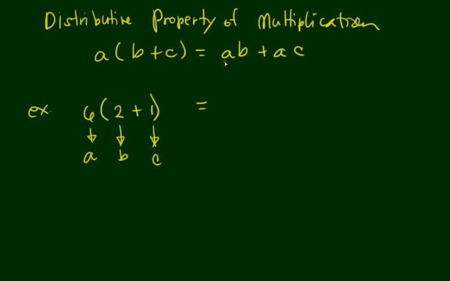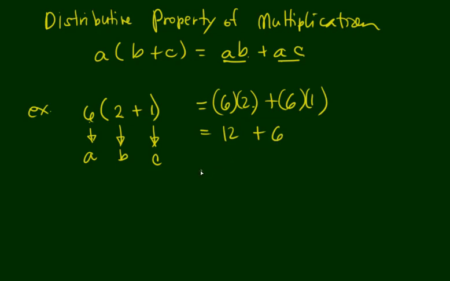So, sundan lang po natin yung formula. Since a times b ito, so lalagyan po natin 6 times 2 dito sa kabila, plus a times c, so 6 times 1. So, 6 times 2 is 12 plus 6 times 1 is 6. So, ang final answer po ay 18. Kaya po siya tinawag na distribute kasi yung pong a, dinistribute lang natin dun sa loob.